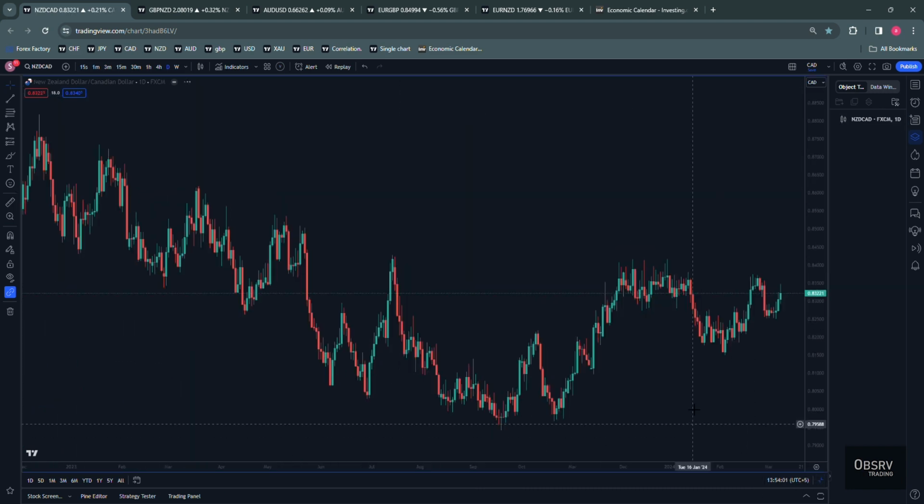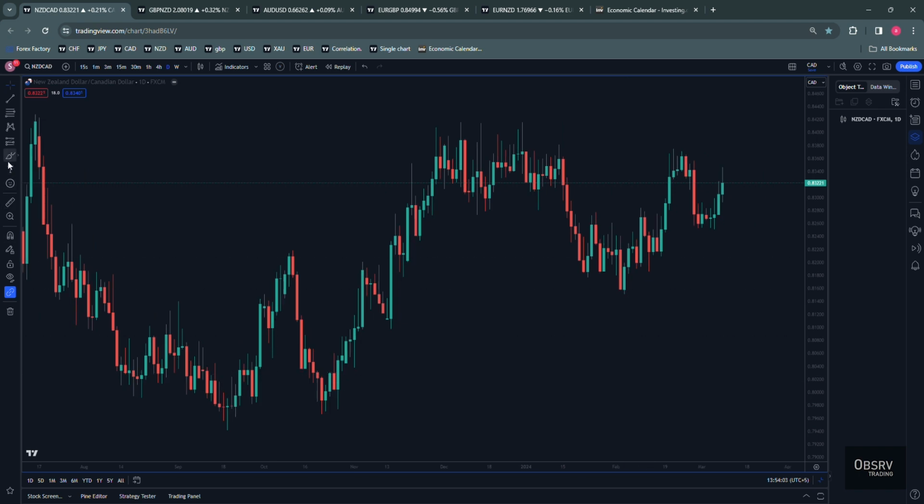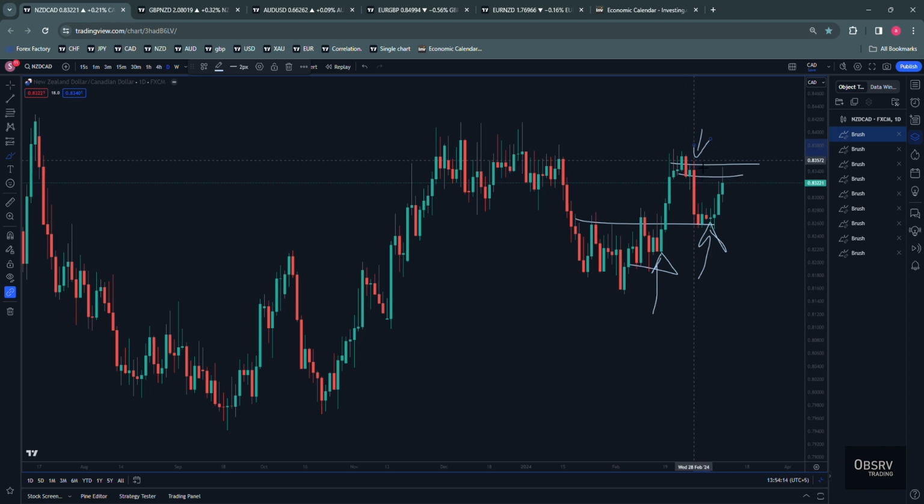Kiwi CAD, we discussed this in the previous video that as you went through this, buyer should be buying it. It is buying, but now you're at a dilemma of what if this seller wants to sell. This is all one sell, although it did not come all the way down. If you are interested in trading Kiwi CAD, I never trade Kiwi CAD or Aussie CAD or Aussie Kiwi.